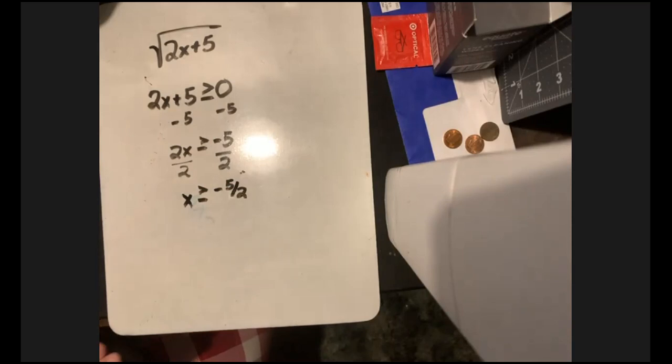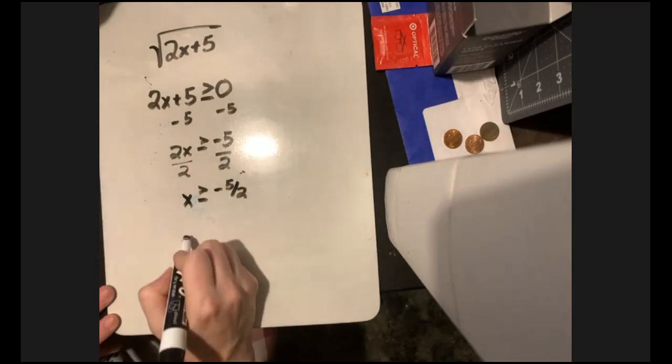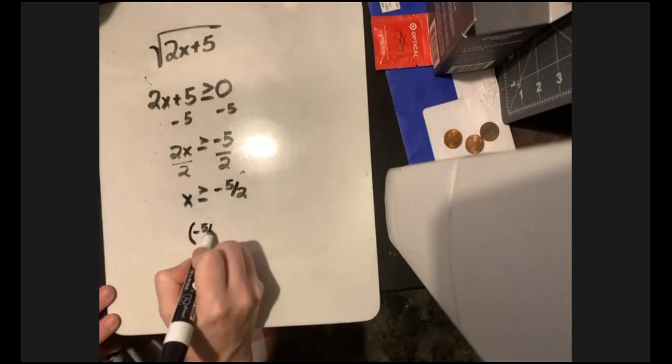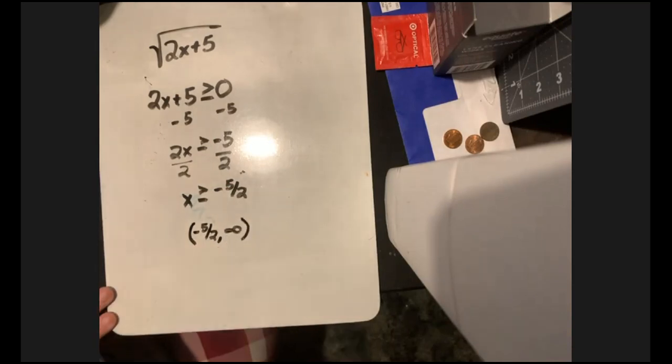So for this one, I would have that x needs to be greater than or equal to -5/2. In interval notation, this would look like -5/2 to infinity. Since we do want x's to be greater than that, that would be the lowest value that would be happening on that side.